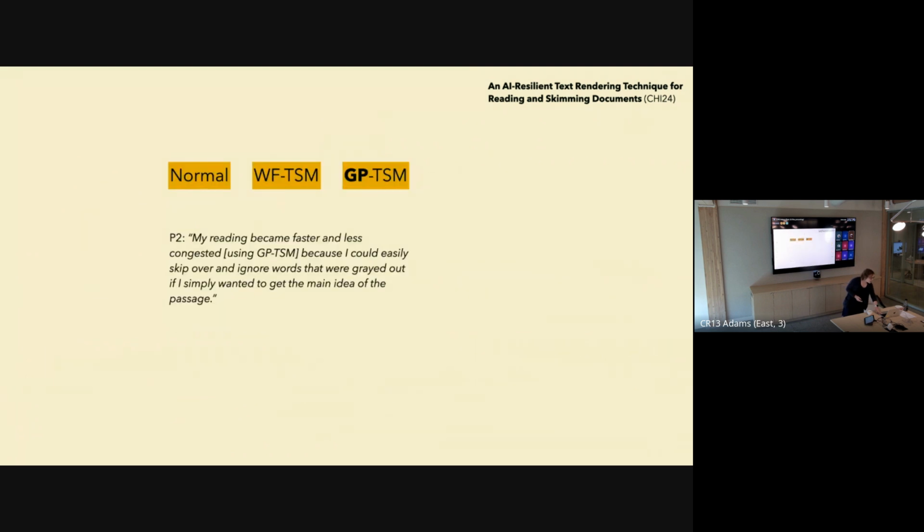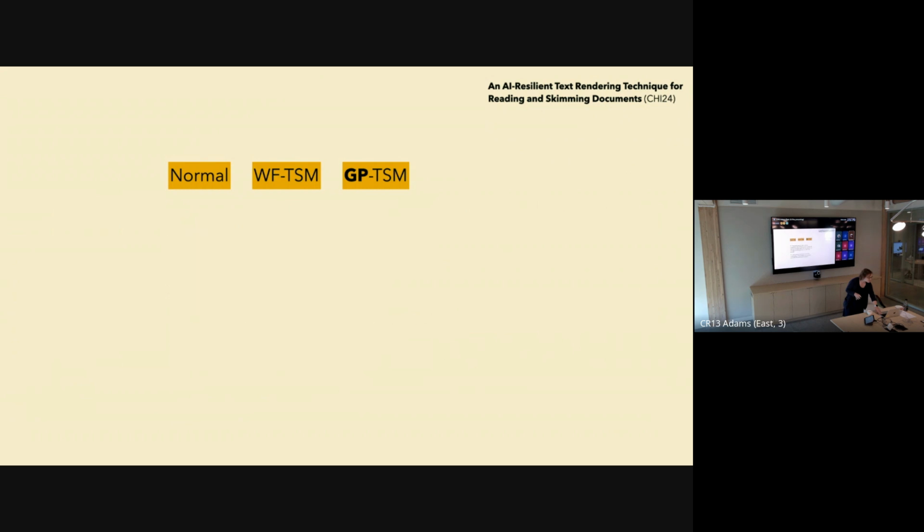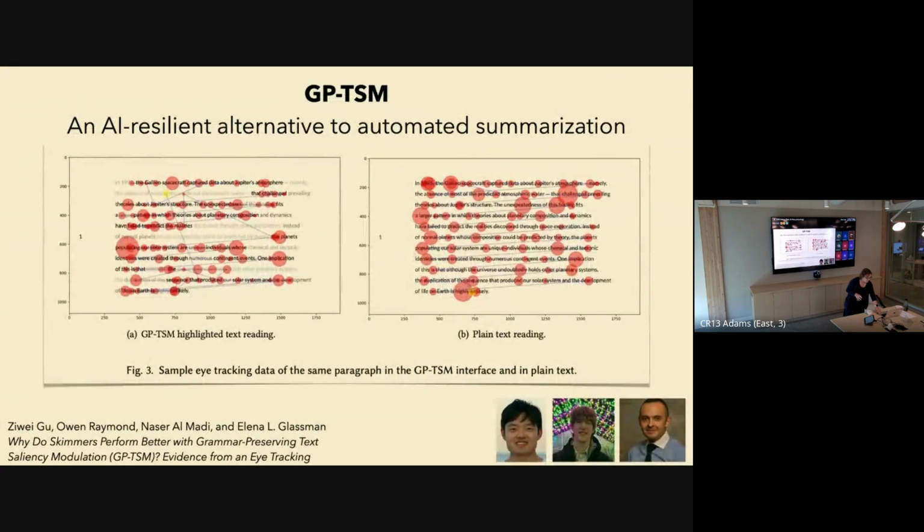Okay, I don't want us to get too hung up on this. In a certain sense, some people are going to like it, some people aren't. But I do think that it's illustrative of this AI resilient approach, because you have the context of the entire document for the things that in most situations would have been hidden.